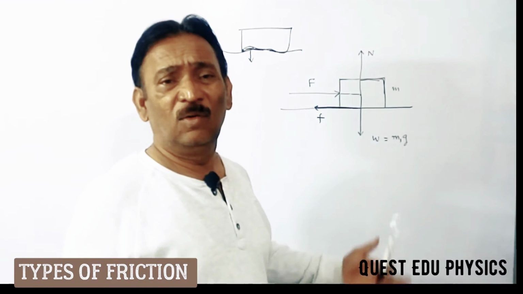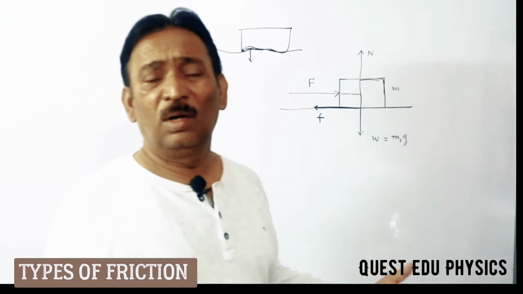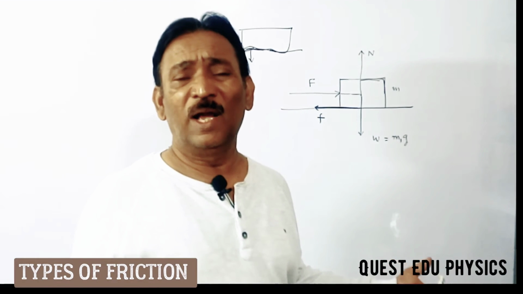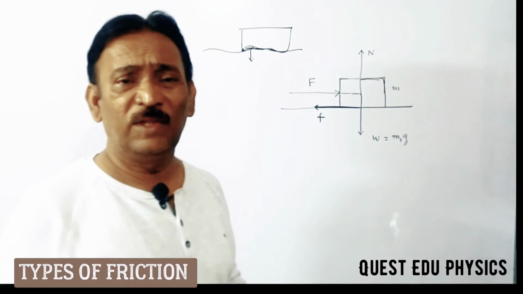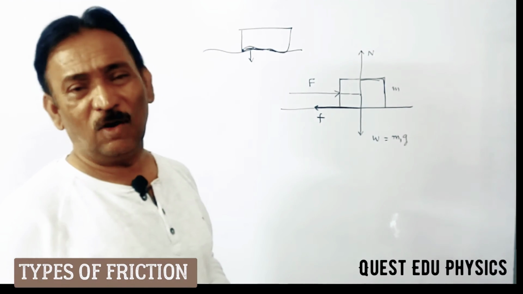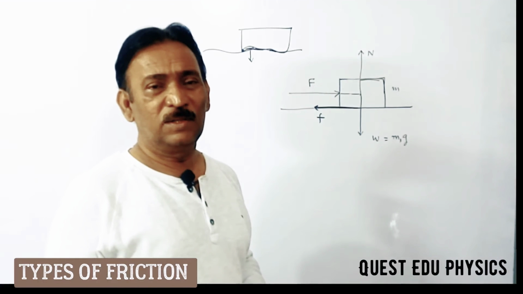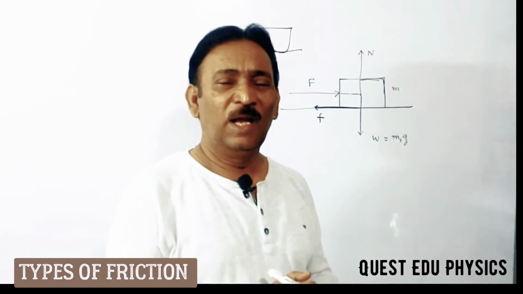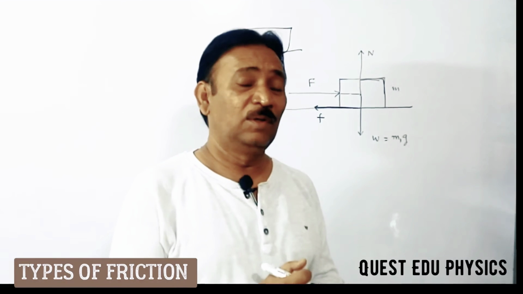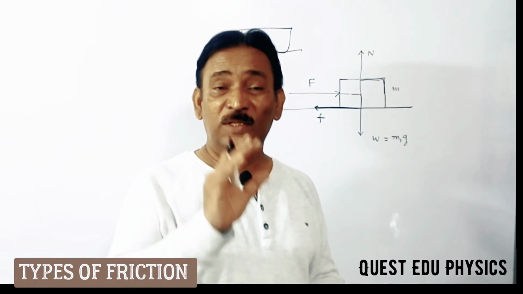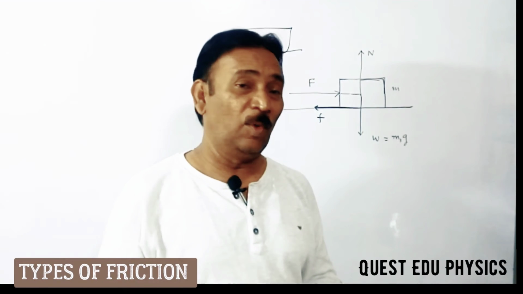Then one surface gets more positive charge and the other surface gets more negative charge, and you know that negative gets attracted to positive. In that way, friction force will develop. Okay, students. Friction is due to the irregularity of the surfaces, and friction develops only when one body tends to move over another body.